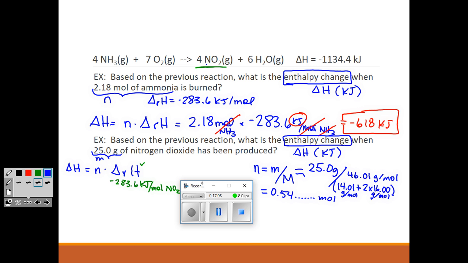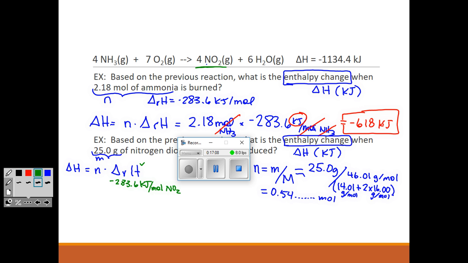Now that I know this number of moles, I'm going to take this number of moles and pop it into the formula that I said I wanted to use at the beginning. So I'm going to take my 0.54 unrounded moles of NO2 and multiply it by the molar enthalpy.